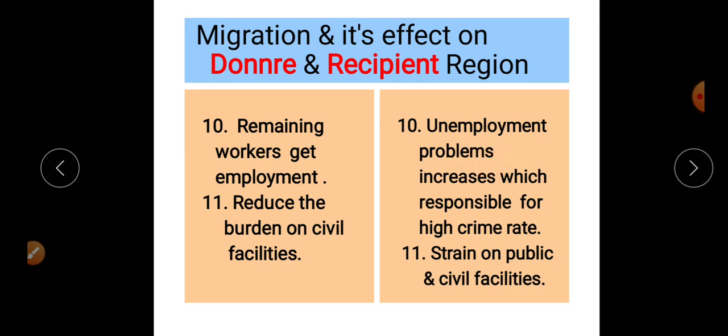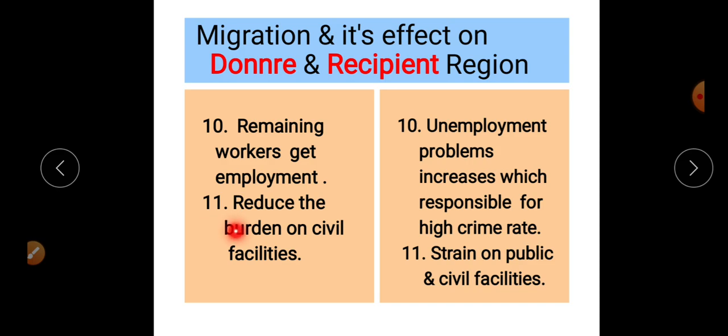For 10 posts, there are 1,000 people gathered for an interview and other processes. At that time, we can say the unemployment problem increases, and because of this migration it turns into crime. Because of this, a high crime rate is also observed in the recipient region.